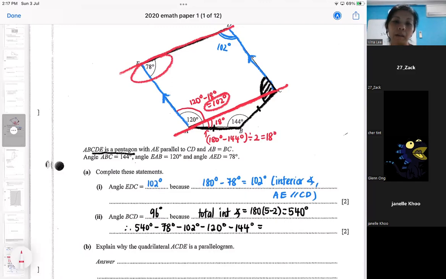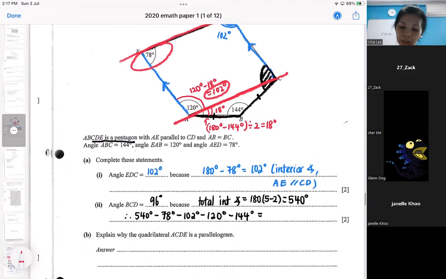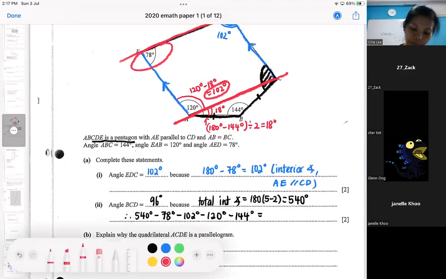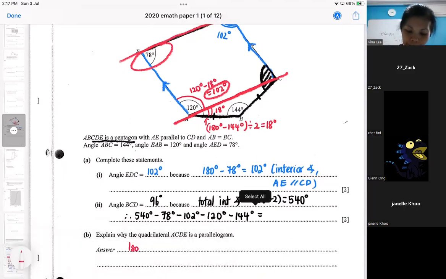So this is by the converse of interior angles. You have to explain the 18 degrees, so you have to explain the isosceles triangle, how you get the 18 degrees, and then how you get this part as 108.